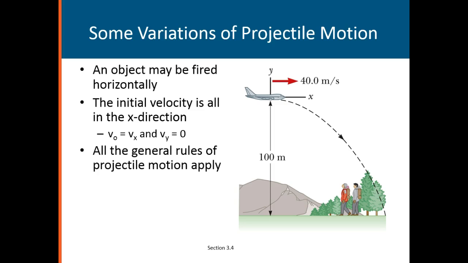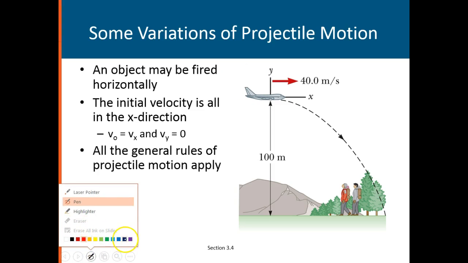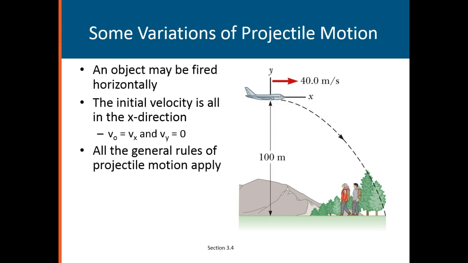We're on example 3.2, some stranded explorers. An Alaskan rescue plane, that's what you see at the top here. Let me get my pen activated in the darker color. An Alaskan rescue plane drops a package of emergency rations to stranded hikers, as shown here.